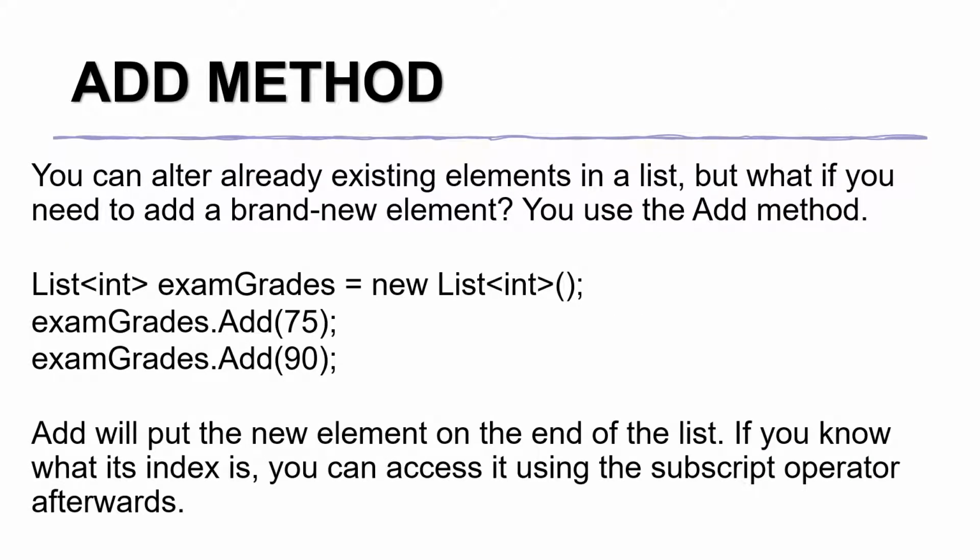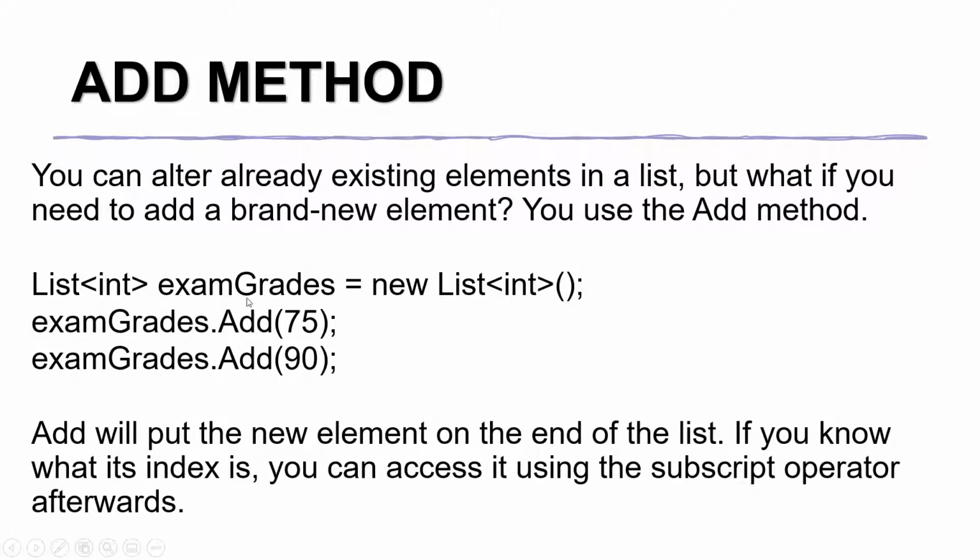So what if we needed to add another element to our list? We can alter ones that exist in there by using those square brackets, but what if you needed a brand new element? This is where we would use the add method that comes built in with lists. And it's very simple.